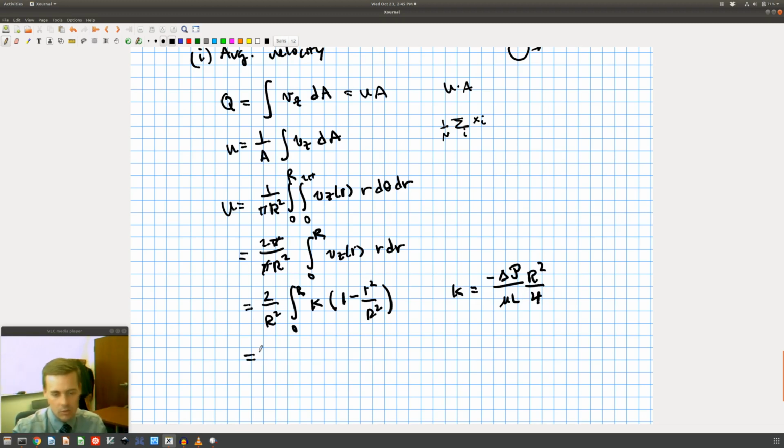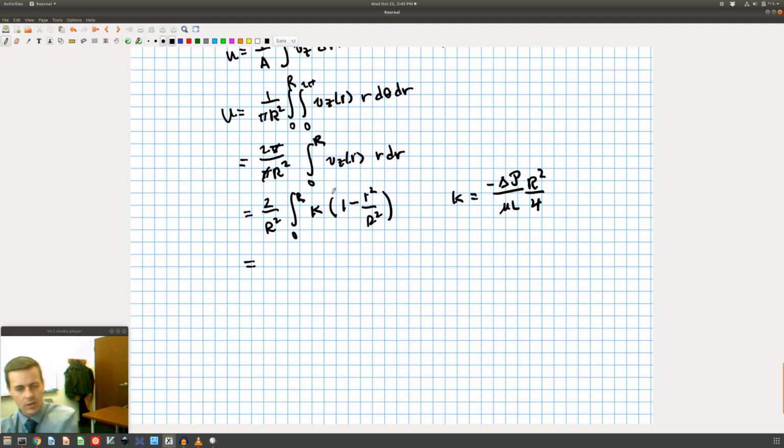Okay, so now I'm going to do the integral here. I can pull that constant out, and I can integrate, this is r dr. So I have an integral of r. I pull 2 over R squared, and I guess, defining the constant, that was kind of a dumb idea, so sorry about that. I'm just going to write it here. Delta dynamic p divided by mu L R squared over 4.